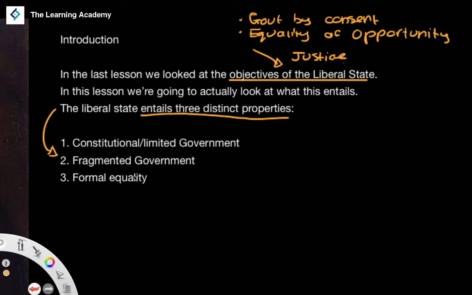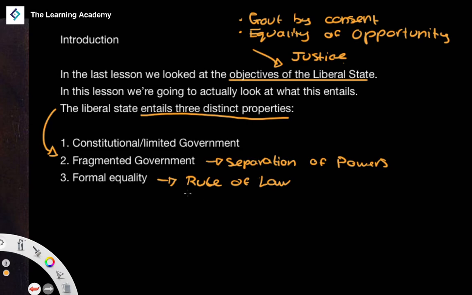The second is a system of fragmented government, which also entails a separation of powers. And the third one is the promotion of formal equality, which also entails the rule of law.